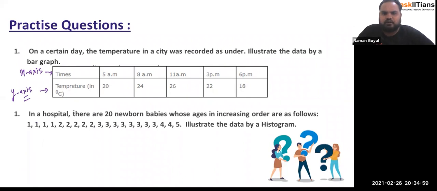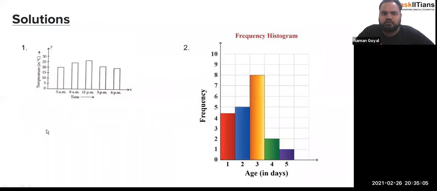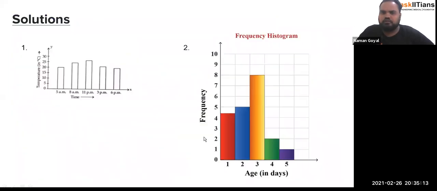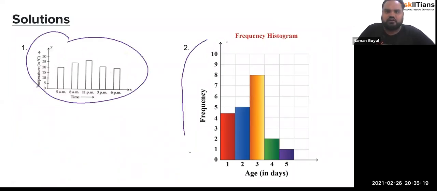First of all, you have to make the classes. For 0 to 1, the numbers are very small, so you can take from 0 to 1, then 1 to 2, then 2 to 3, and so on. So this is the required bar graph, and this is the required frequency histogram.